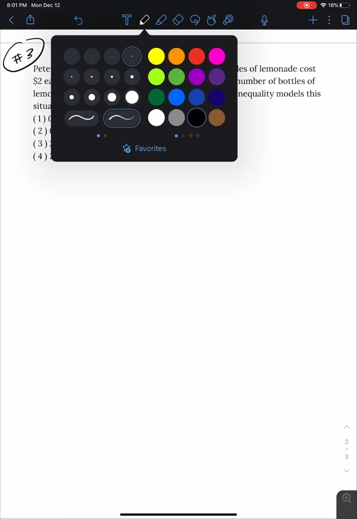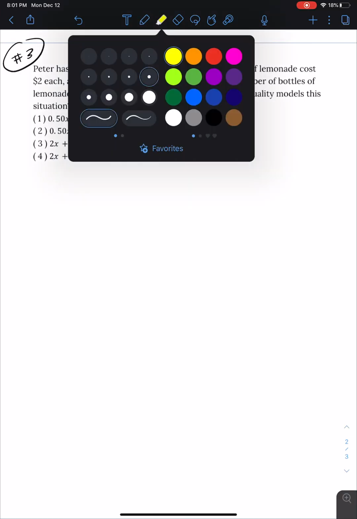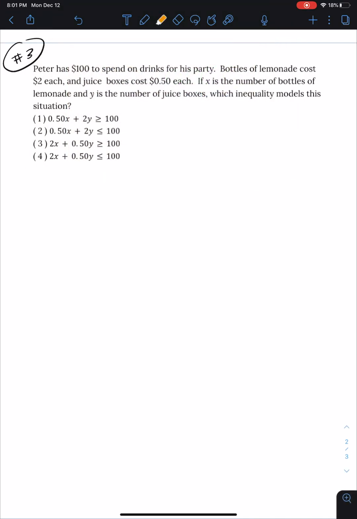Okay, so I'm going to highlight different things with different colors. First I'm going to highlight in orange that Peter has $100 to spend. So if you have $100 to spend, it means to me that what's being spent has to be less than or equal to $100.